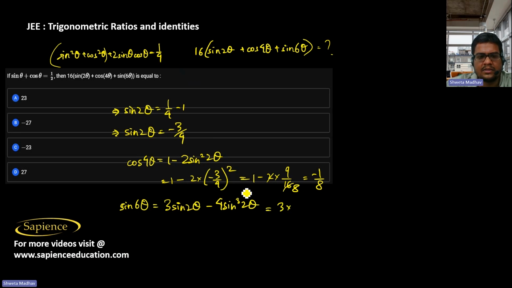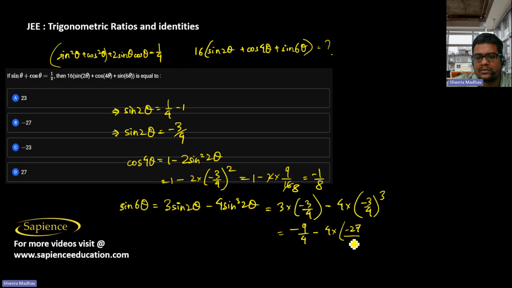It is 3 into sin 2 theta, that is minus 3 by 4, minus 4 into sin cube 2 theta, that is minus 3 by 4 whole cube. This will be minus 9 by 4, minus 4 into minus 27 by 64.